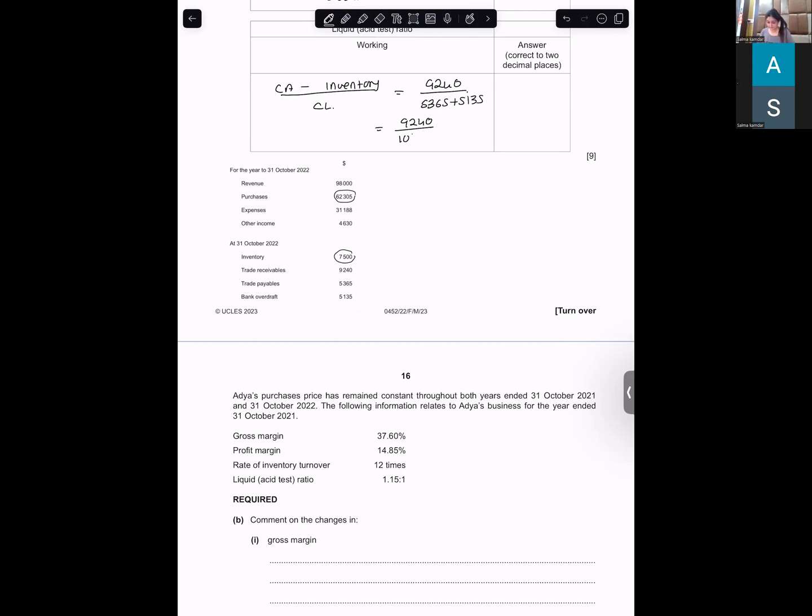Check the total: 5,365 plus 5,135. The total of these two is 10,500. So it will become 0.88 to 1.